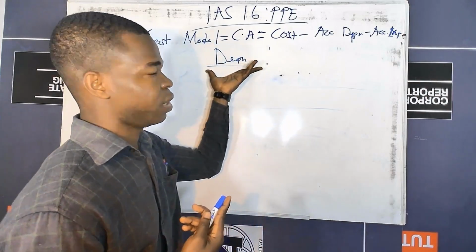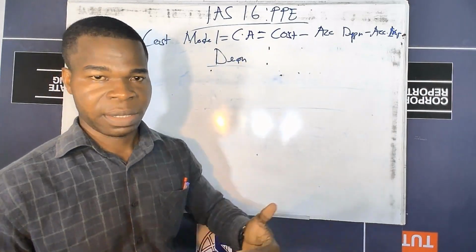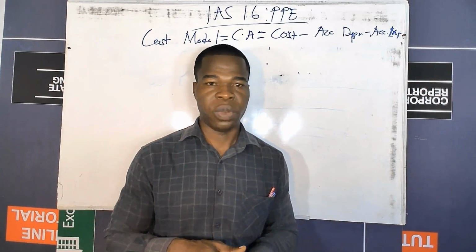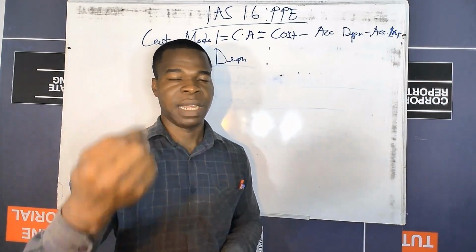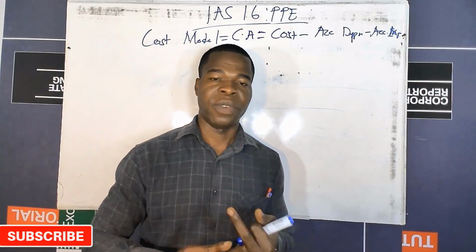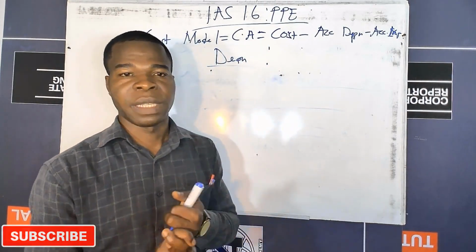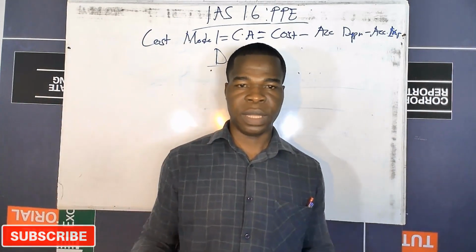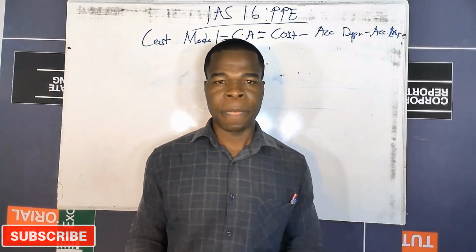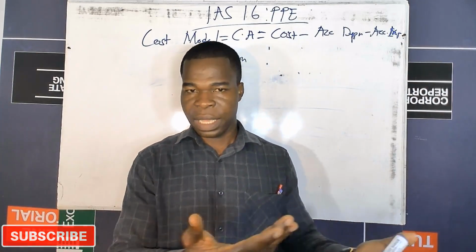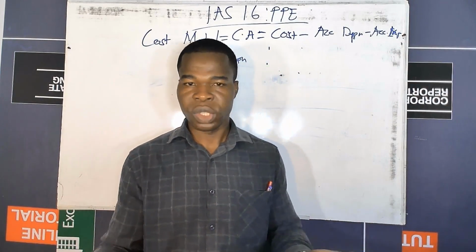When it comes to depreciation, we know the methods that you are supposed to use, or the method that the standard has prescribed. Either we are using the straight line method, or we are using the reducing balance method, depending on what the entity wants to use.